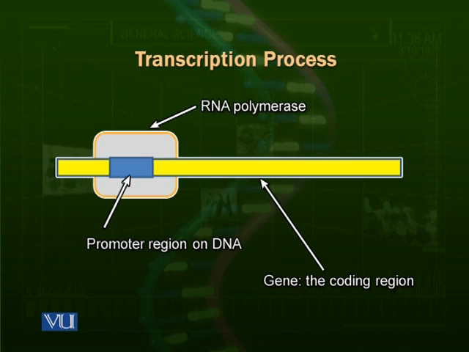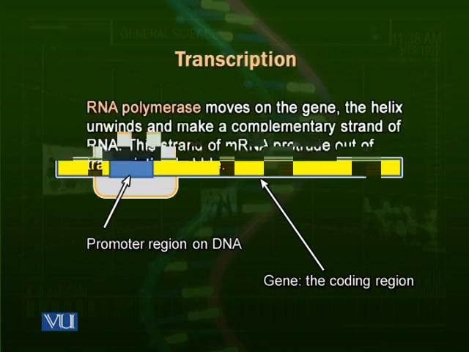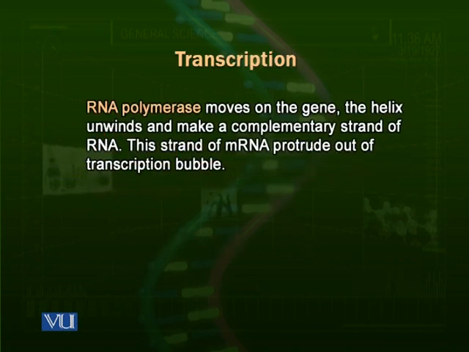The RNA polymerase is attached to the promoter region, but it extends until the initial part of the structural gene. When it properly attaches to the promoter region, it starts opening the double helix and a transcription bubble is formed. Then RNA polymerase moves on the DNA strand.